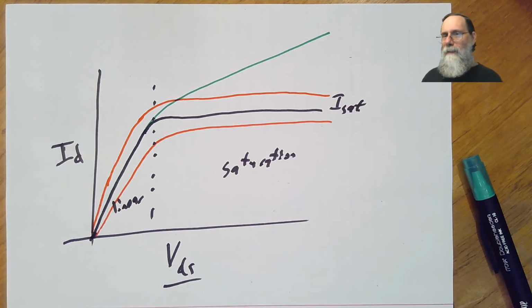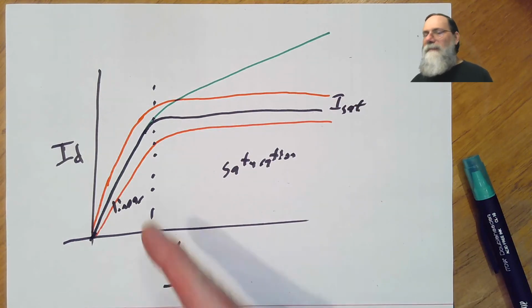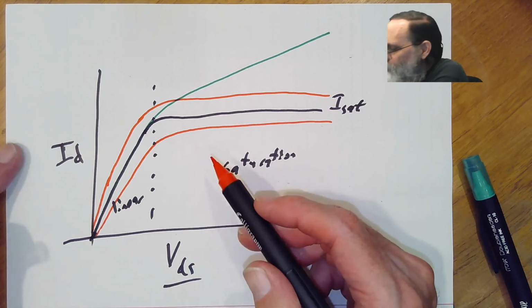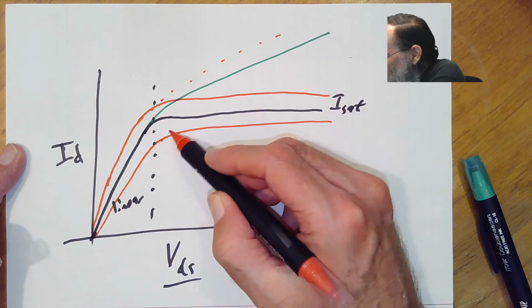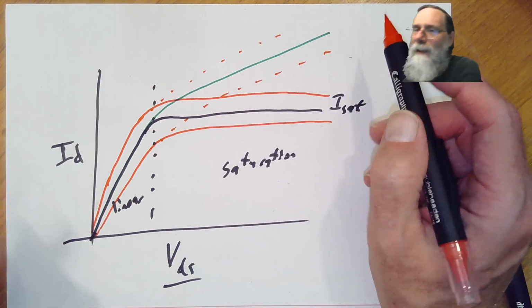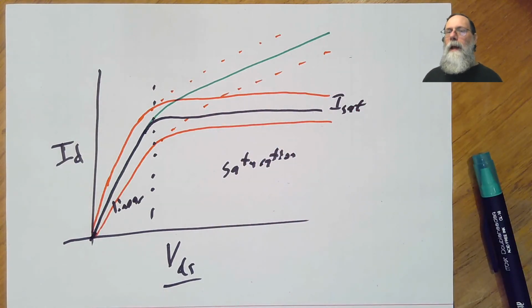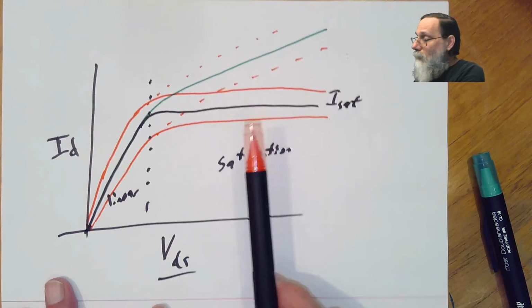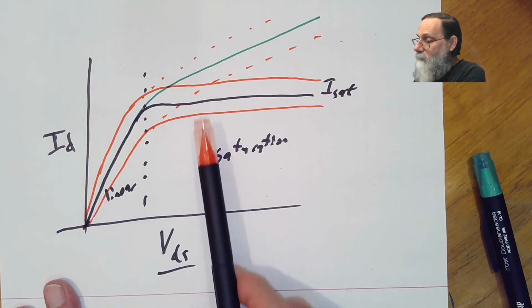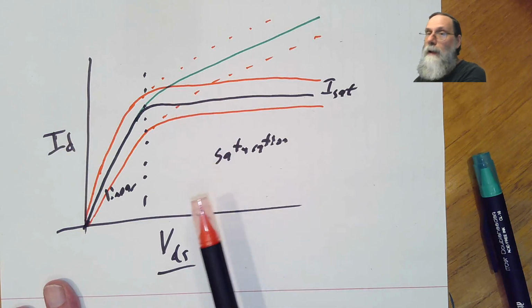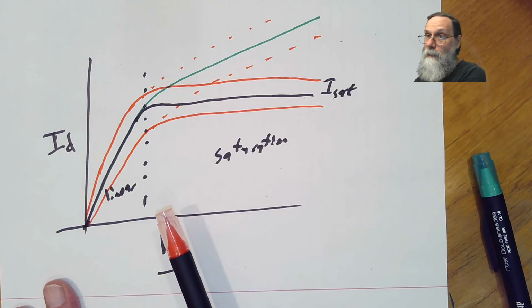And again, in the linear region the models will look pretty good, but what it really does is sort of parallel the curve here. So what we're looking for is something where we've got the output current fluctuating pretty much just as a result of the gate to source voltage.